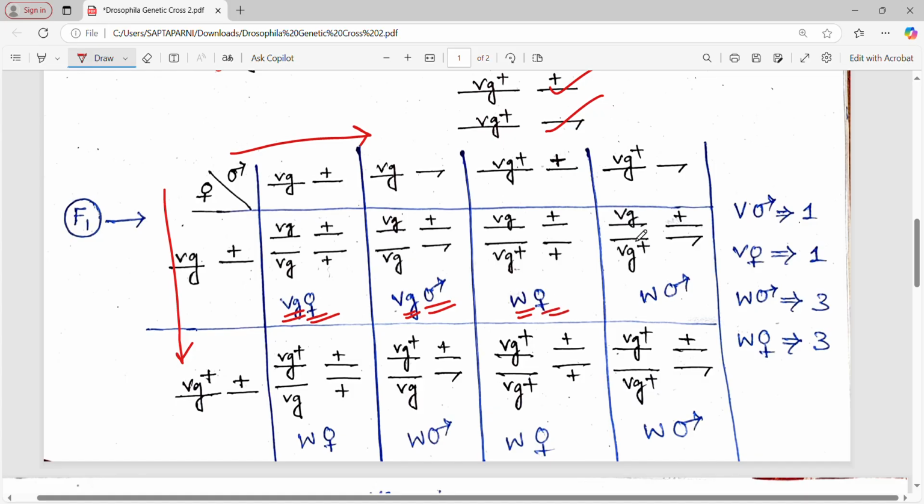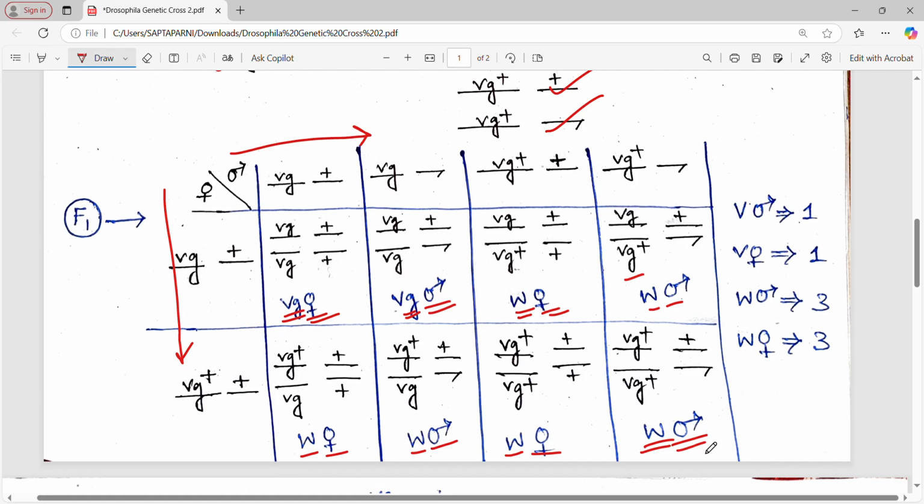Then VG plus VG plus with X and Y chromosome, obviously a wild type male.